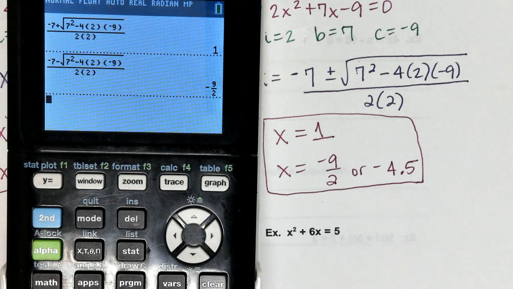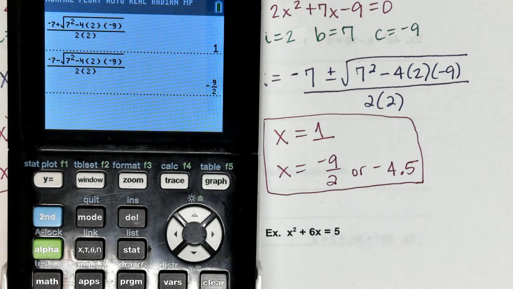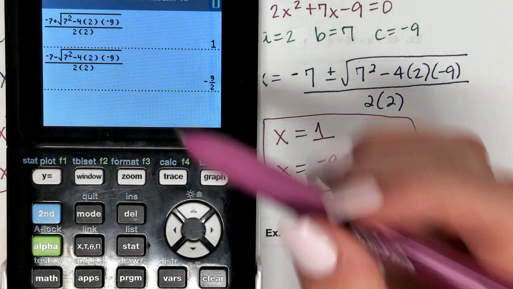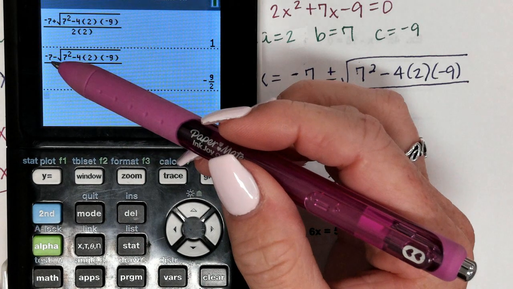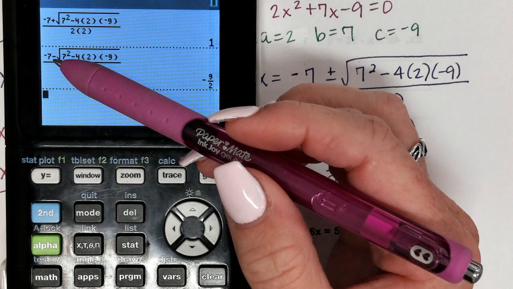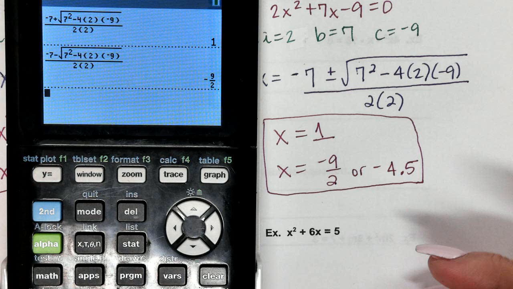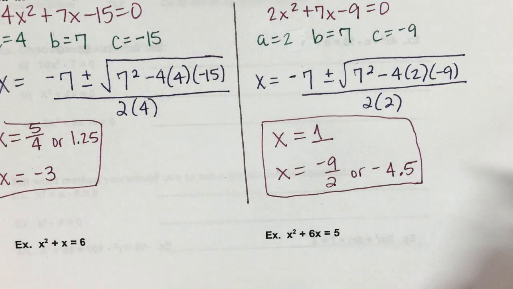Did everybody get 1 for the first answer? And then if you want, just hit second enter and change the plus sign to a subtraction sign. Do not put a negative there. It's plus or minus. Okay, how'd we do? All right, let's try this one.